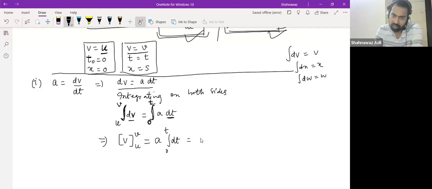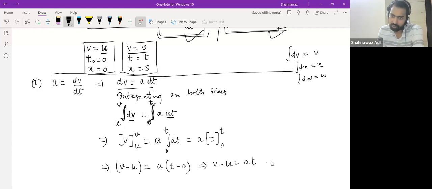So then this becomes a t, and then we put the upper and the lower limit. When we put the upper limit in here, this becomes v, and then we put the lower limit, so this is v minus u, that is, upper limit minus lower limit. So v minus u would be at. So v would be u plus at. This is the first equation.